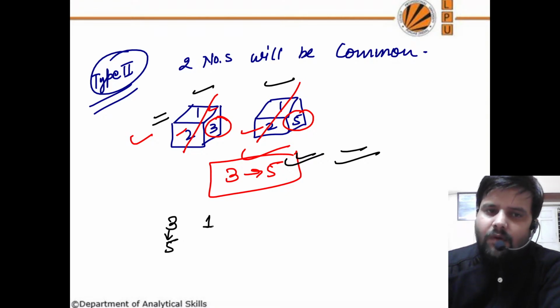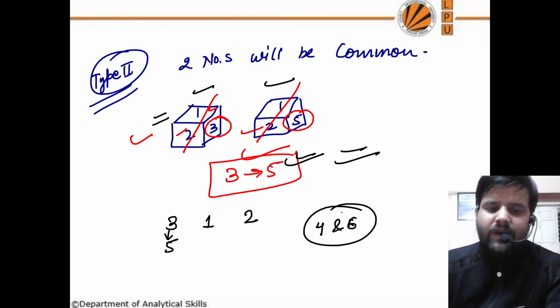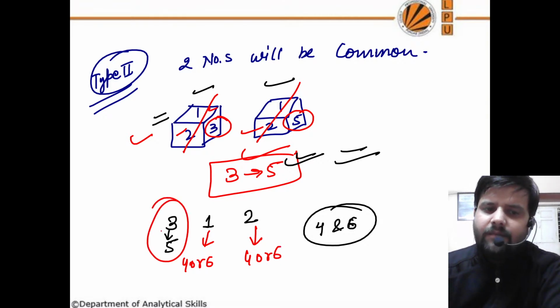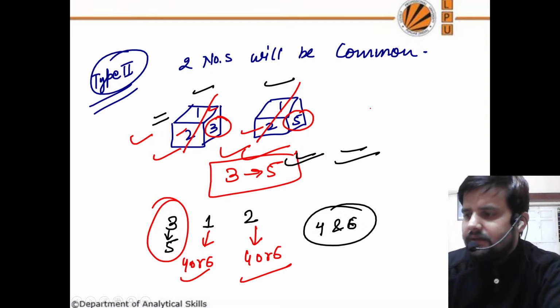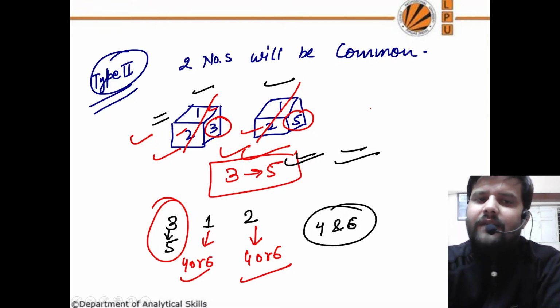So I don't know which number is opposite to 1 and which is opposite to 2. Which two numbers are left for us? 4 and 6. When we are not sure, we write it like this: 4 or 6, and likewise here 4 or 6. It means we can be sure about this pair, but not about this pair, because we have only two figures. If they give you three figures, then you might calculate it.